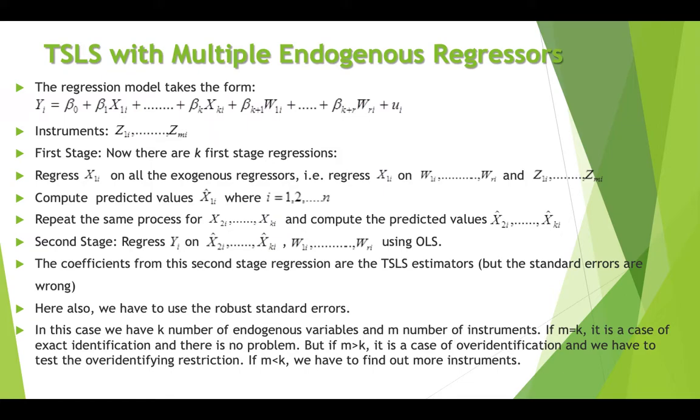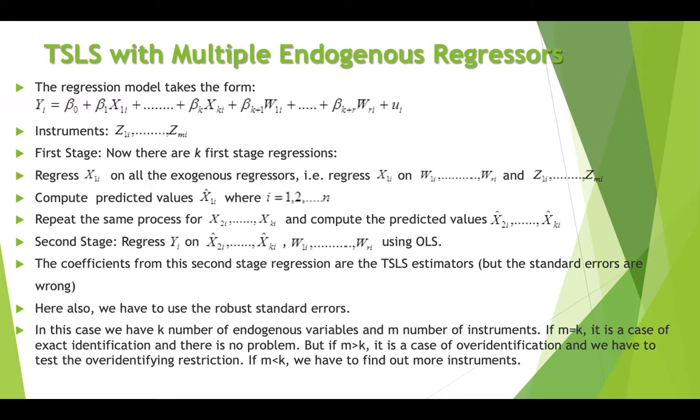So, first, in the first stage, we regress x1i on w1i to wri and z1i to zmi. Then we regress x2i on w1i to wri and z1i to zmi, and we repeat the same process for all the endogenous variables, up to xki.